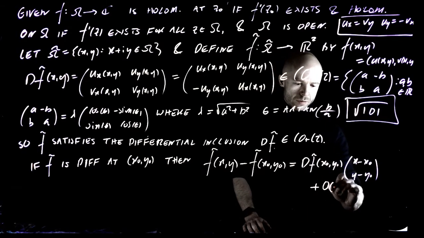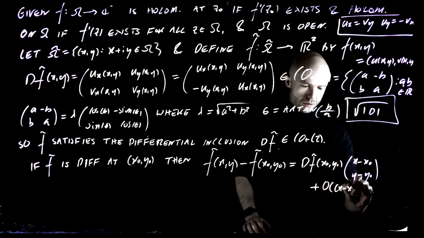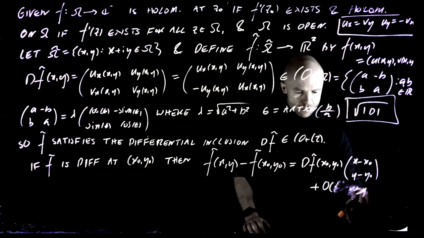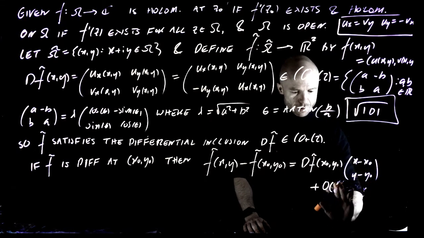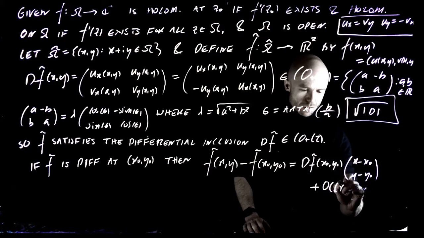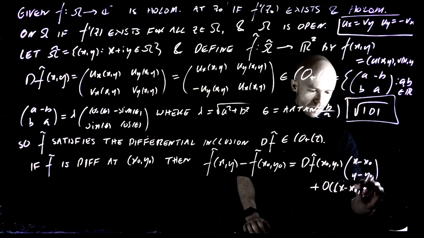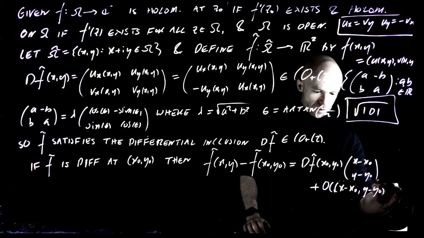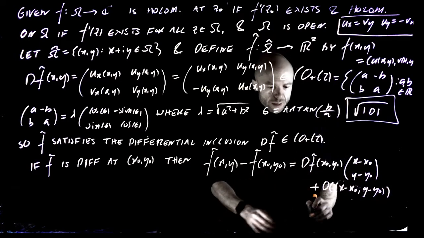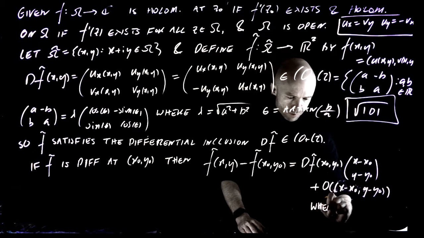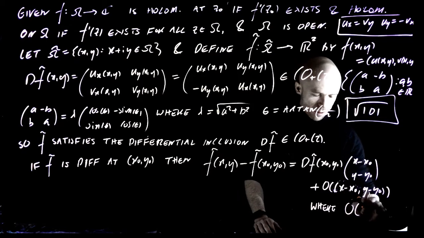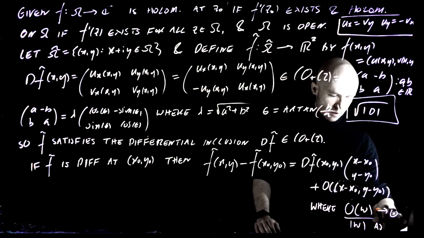So the error is of order, let's write it like this, the vector x minus x0, y minus y0. So the error is acting on small vectors where the error of w over mod w goes to 0 as w goes to 0.